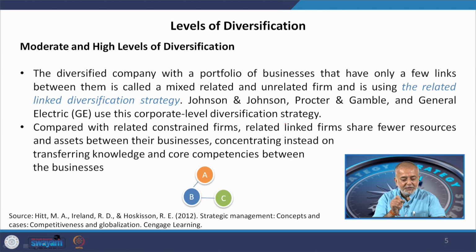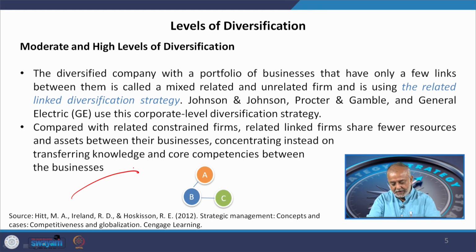Compared with related constrained firms, related linked firms share fewer resources and assets between their businesses, concentrating instead on transferring knowledge and core competencies between the businesses. This may have happened because of the era also.